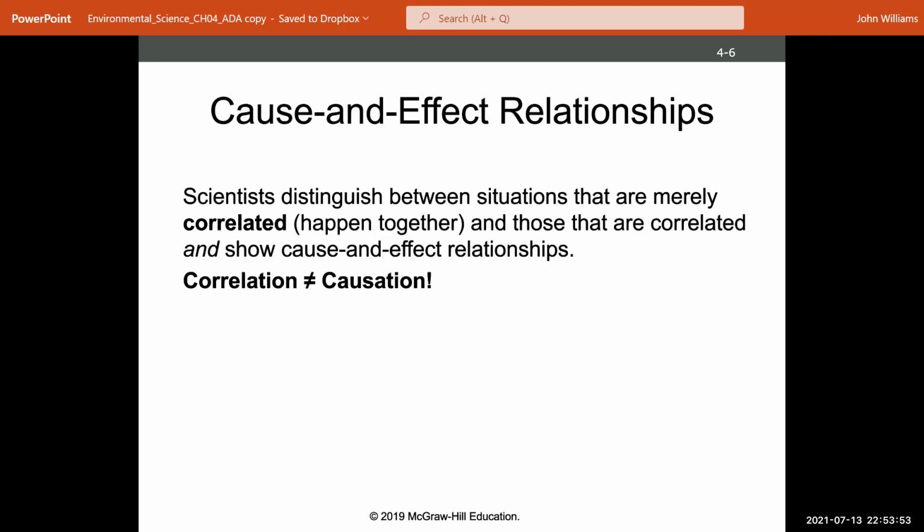And so it's important to understand these relationships, right? So just because something's correlated does not mean that it causes that thing to happen. So the big thing you want to remember is that correlation does not mean causation. Right? Let me give you an example.